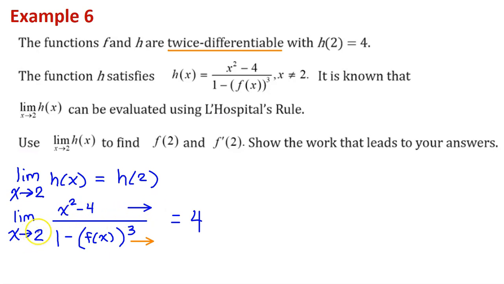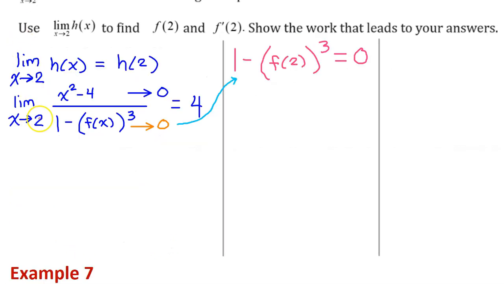In the numerator, direct substitution gives 4 minus 4, which is equal to 0. For L'Hopital's rule to apply, the denominator must also approach 0. In other words, direct substitution, plugging 2 in for x right here, should give us 0 for the answer. So let's do that side quest.